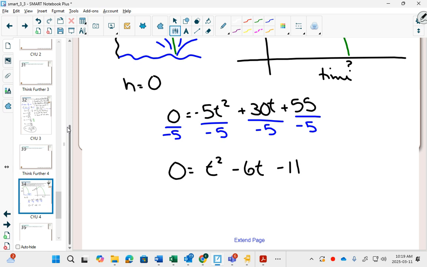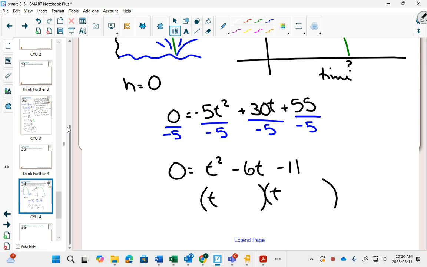Ask yourself, how quickly can you go through all the options of factoring in your head to confirm that this does not factor? That's a mental math skill that you want to be able to have. You don't even have to write it down, but in your head you'd be like, I know this is t and t.